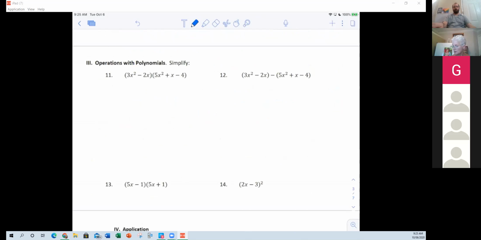Okay, so go back through here. Michael, would you do number 11? Okay, so we do 15x, and then we add the 2's, the second powers of the x's, so that's 15x to the 4th.